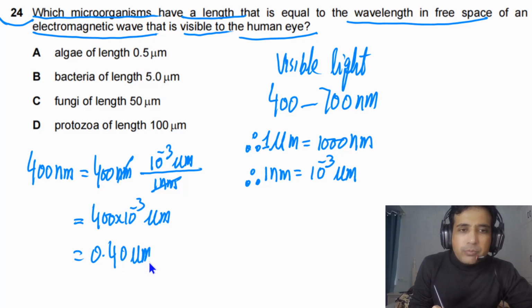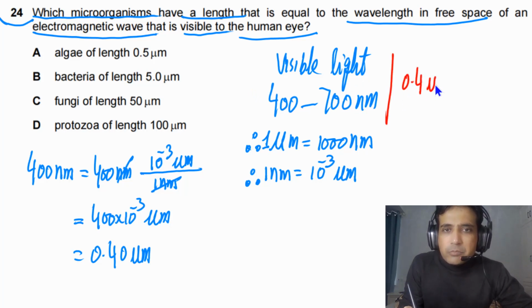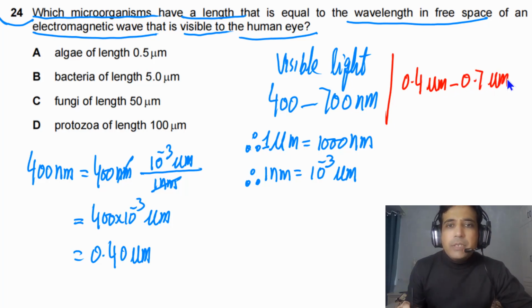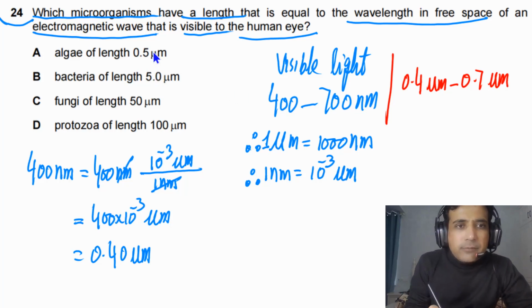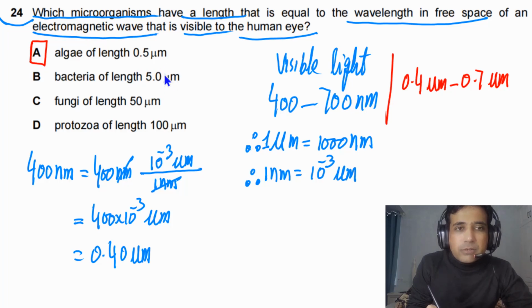So now from here we can simply write down wavelength of visible light. This one will be equal to 0.4 micrometer to 0.7 micrometer. Now simply we can find the answer. If you look at the first option, this is 0.5 and this is in this range. So our answer for this question is A. The others are not possible: 5 not possible, 50 not possible, 100 not possible. So the answer for this question is A.